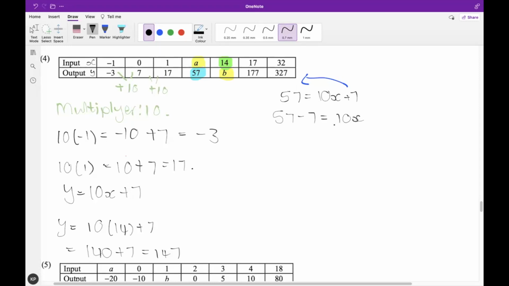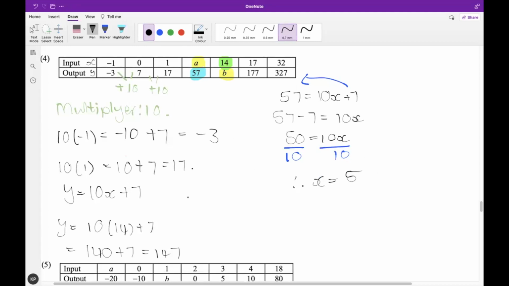And as you guys have already told me, 57 minus 7 is 50 equals 10x. How am I going to get rid of this 10? Nice. Divide by 10. Therefore, x is 5.